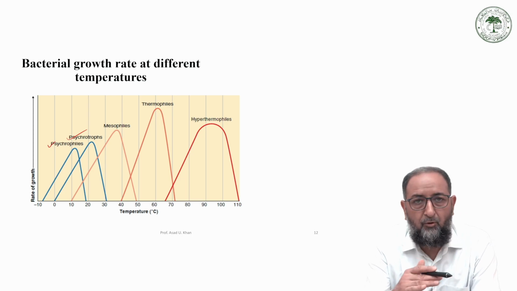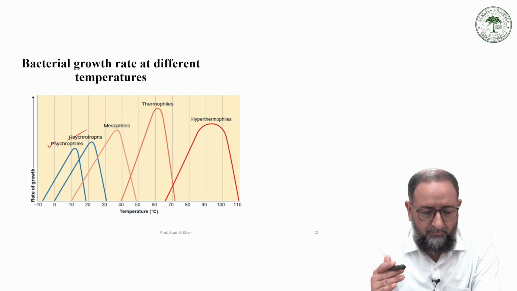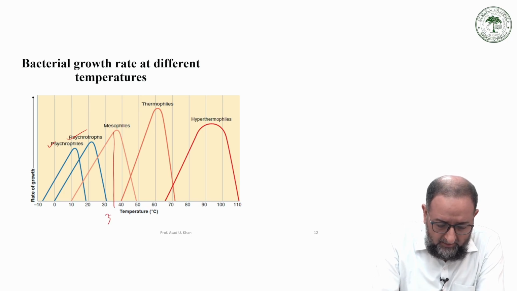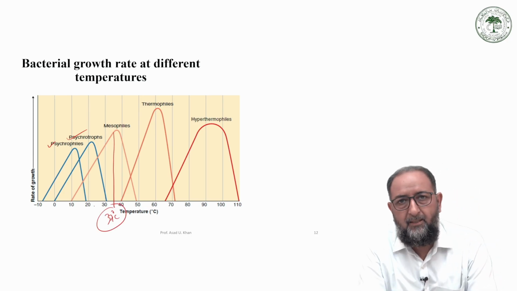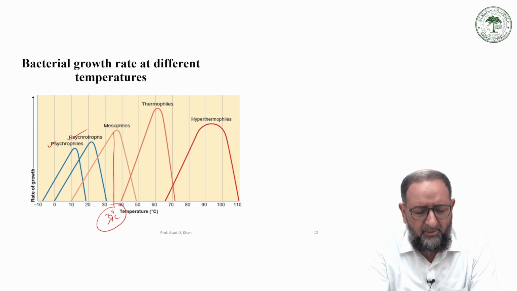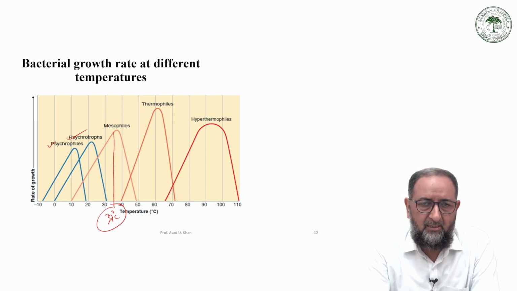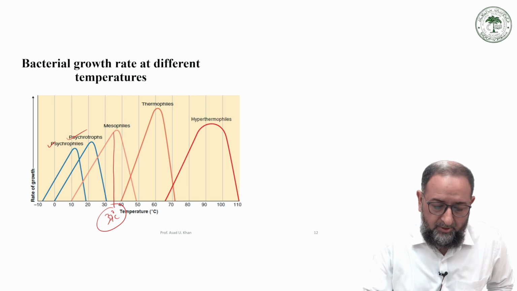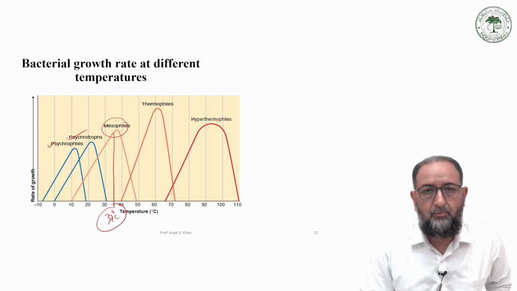Psychrotrophs grow at a further increased temperature, then mesophiles come, where the optimum temperature is about 37 degrees centigrade. Exactly 37 degrees centigrade plus or minus 1 or 2 is considered the best optimum temperature for the mesophiles, which include the pathogens also.